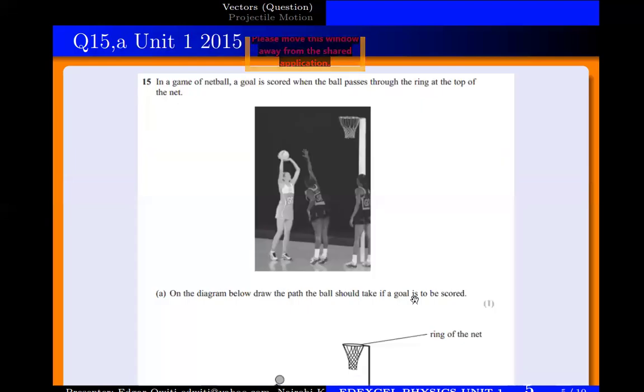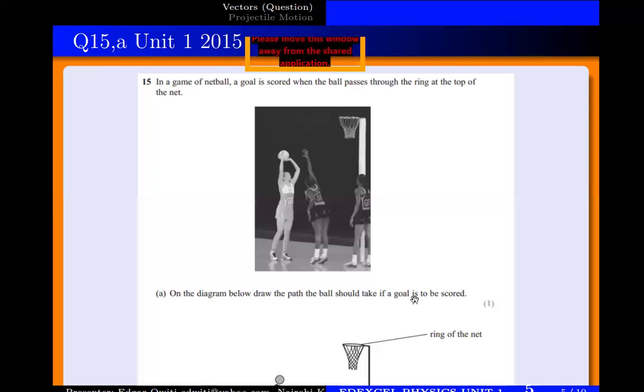So the next question is touching on projectile motion. You're told that in a game of netball, a goal is scored when the ball passes through a ring at the top of the net. So you have a picture there of people playing, and you have a net and a ring.